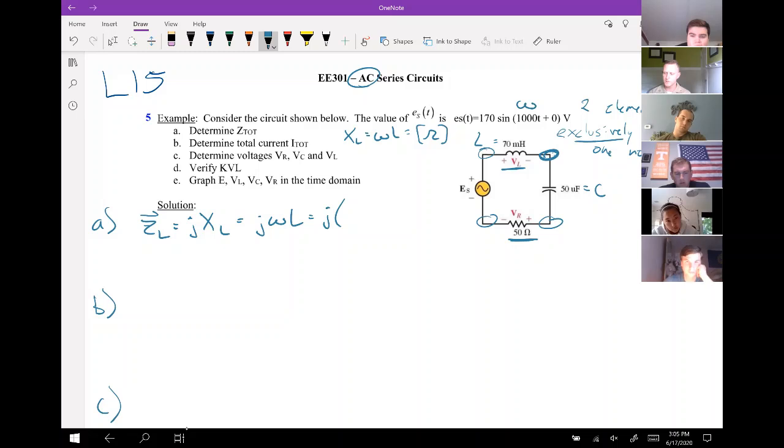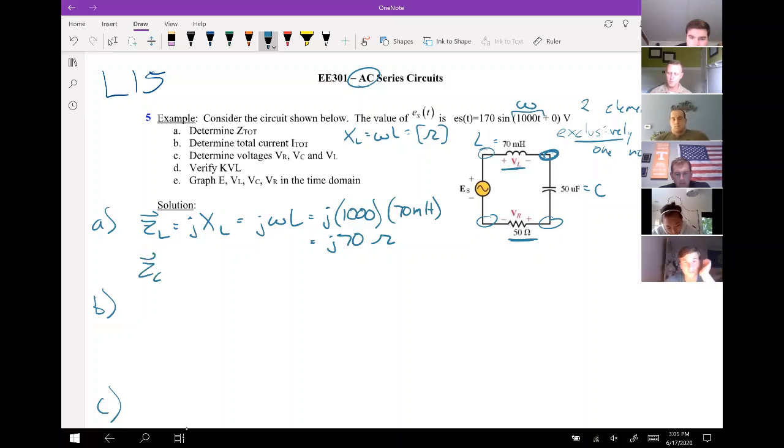There's my omega t. So omega is 1,000, and my L is 70 millihenries. So the Z of my inductor is j70 ohms. That works out that the 1,000 and the milli cancel out, so it does turn out to be 70 ohms.